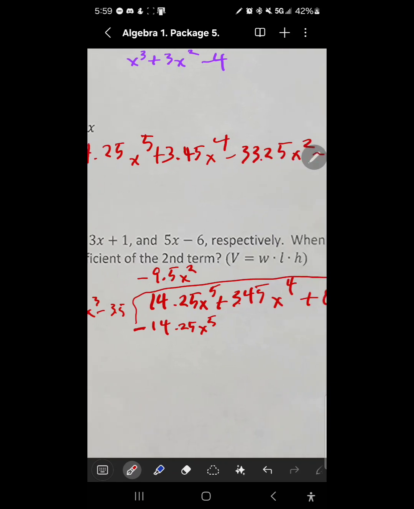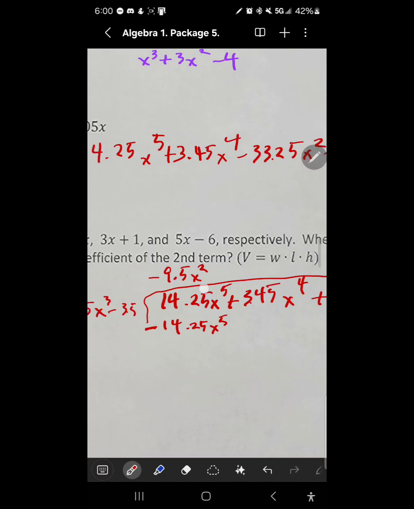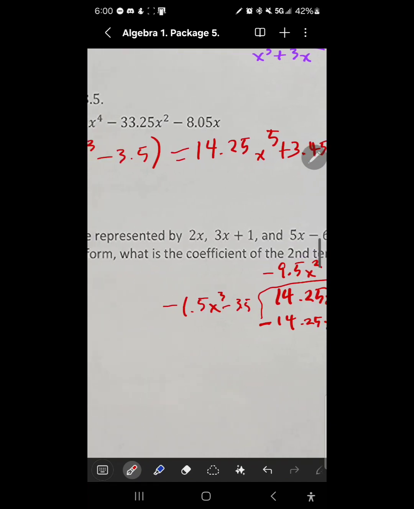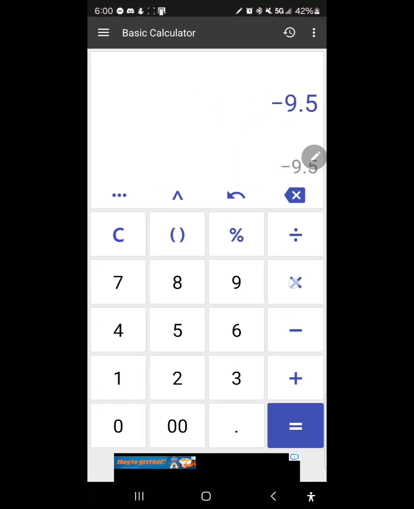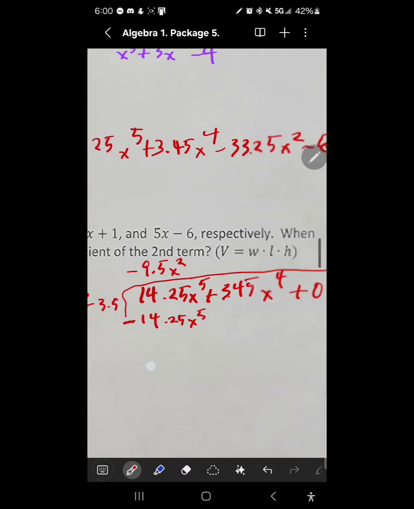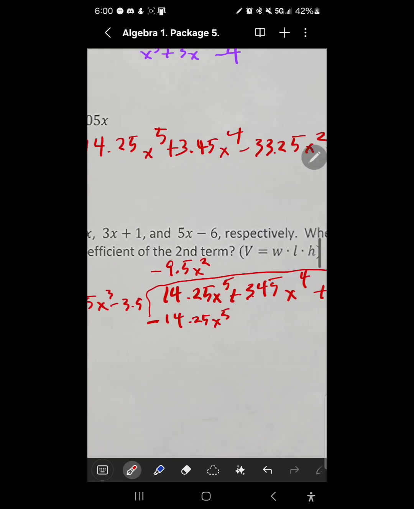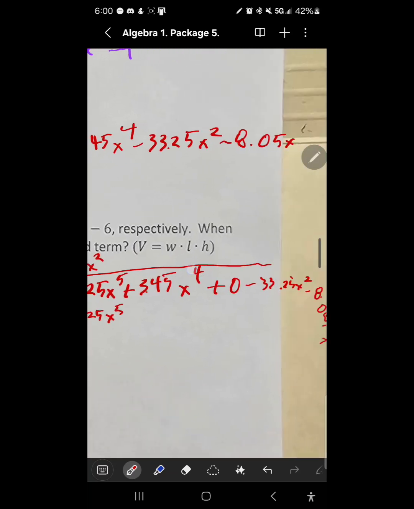And then negative 9.5 times negative 3.5, right? Yep, so this is a 3.5. We know it's positive, so 9.5 times 3.5 is 33.25. Now, we know the answer is going to be positive, but since we always need to write the opposite of the answer, minus 33.25x squared.